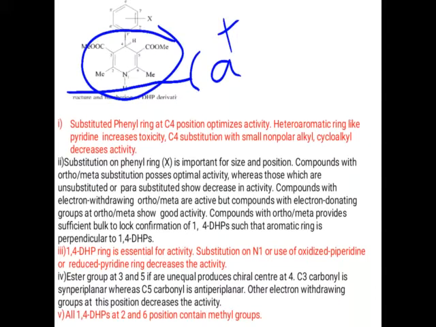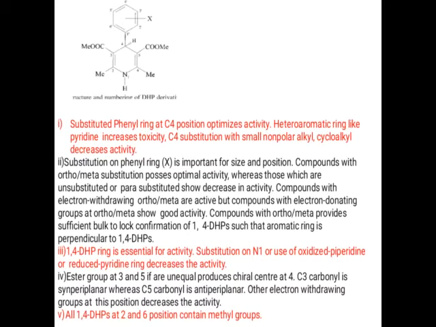This is the pyridine, and on the pyridine one phenyl ring, or one benzene ring, is attached. That is the general structure of a calcium channel blocker. You can see these two groups at the 3 and 5 positions. Again, there are two methyl groups at the 2 and 6 positions.